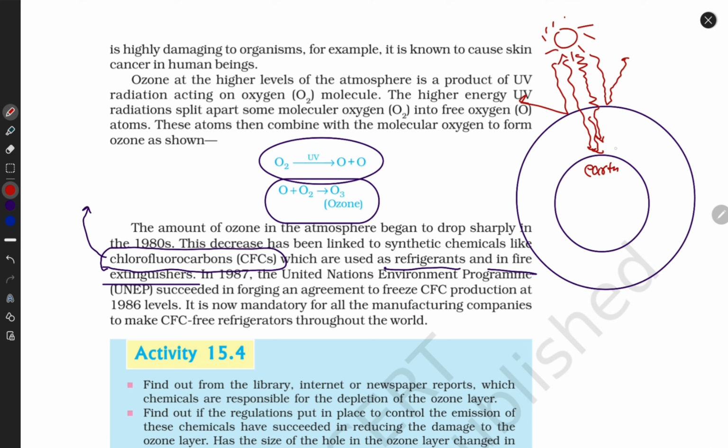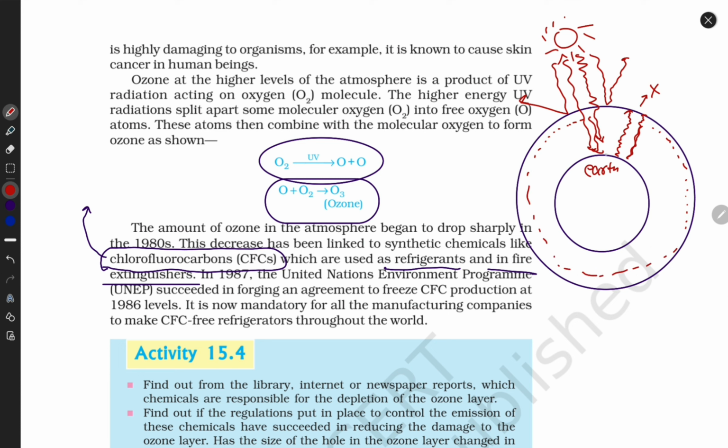The earth gets warm and removes heat again, but due to ozone layer depletion, this warm heat can't go outside. It stays here and our climate goes wrong.